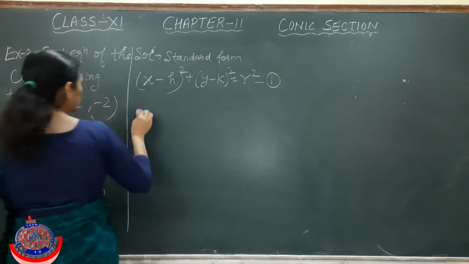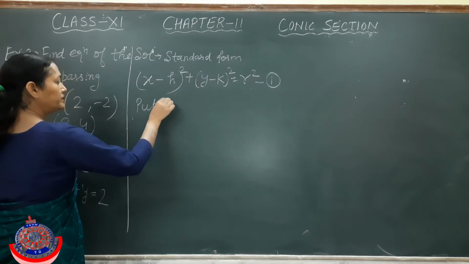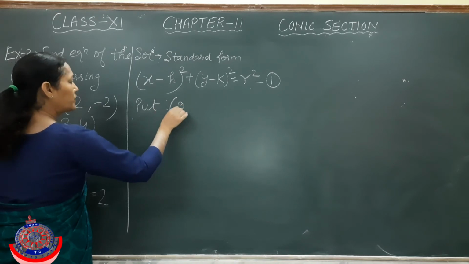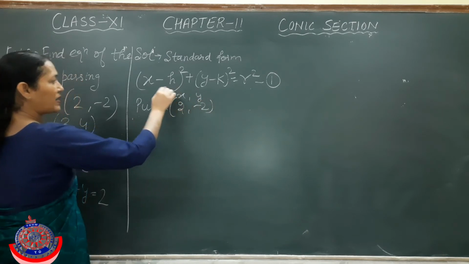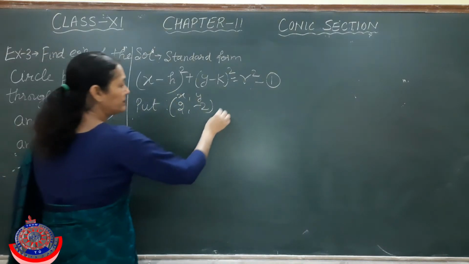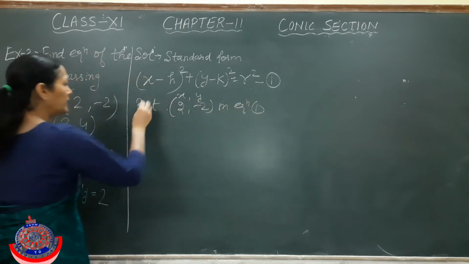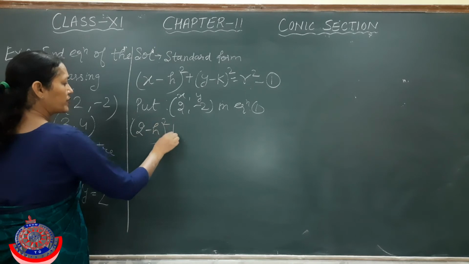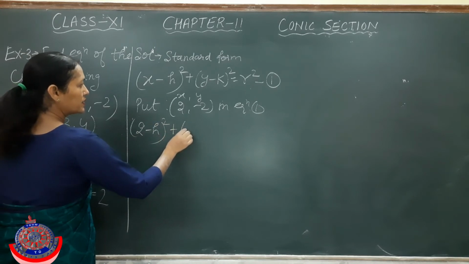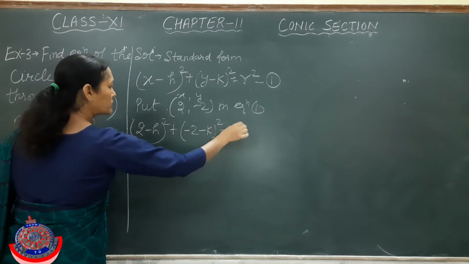So in the first case, if we put 2, minus 2, means x as 2 and y as minus 2 in equation number 1, we will be having 2 minus h whole square plus minus 2 minus k whole square equals to r square.